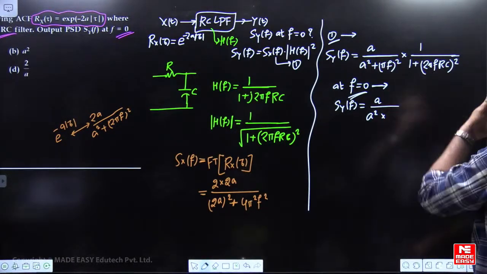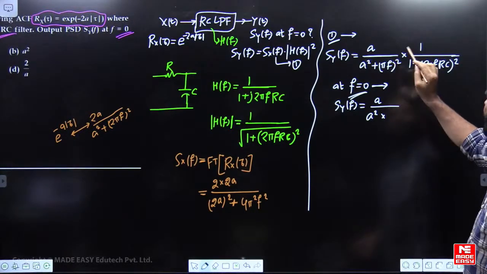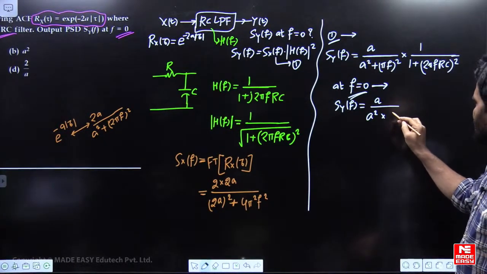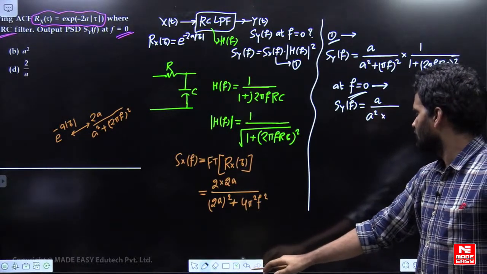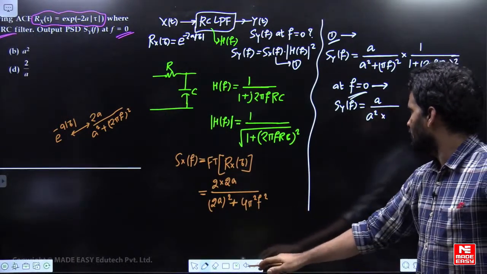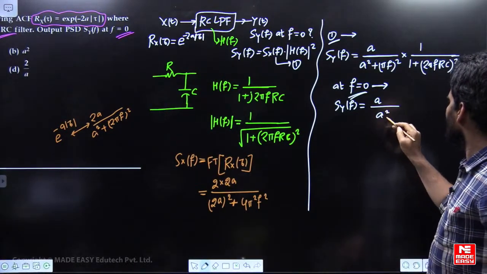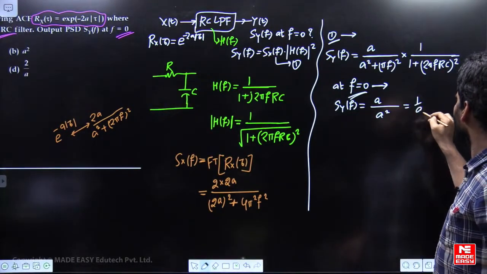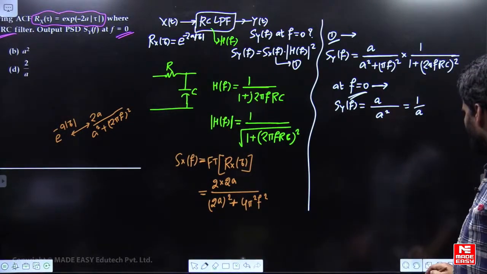This is 1 only. At f equal to 0, this is 1, a upon a square, so it is 1 by a, I can say, or a inverse.